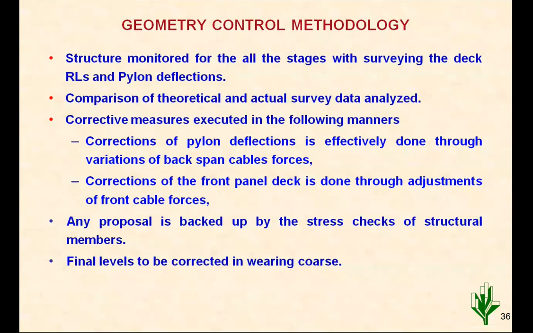And the geometry of the front panel could be adjusted only through the adjustment of front cable forces. Here, because of the quality control of steel material that is manufactured in a very good manner, the front panels were behaving more or less as estimated. So there was no requirement as such to adjust much in cable forces, and it went well.